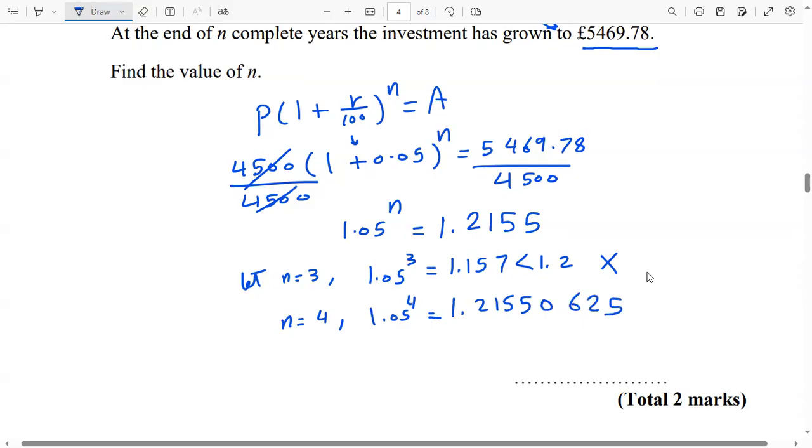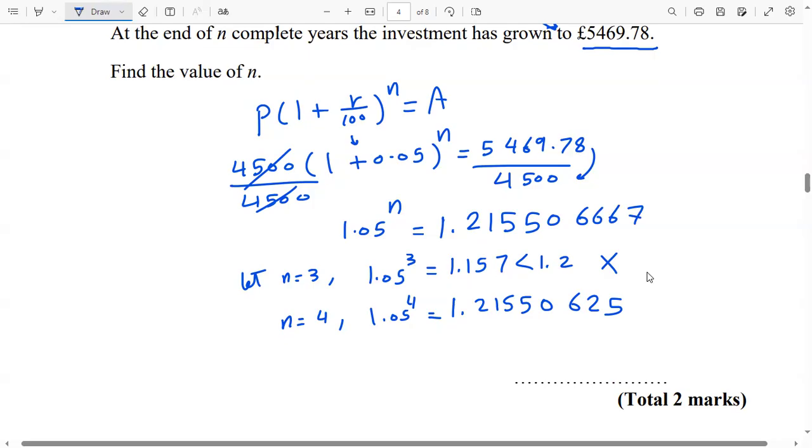I can check this one. This division, exactly how much to compare: 5469.78 divided by 4,500 gives you this value, 1.2155066667.